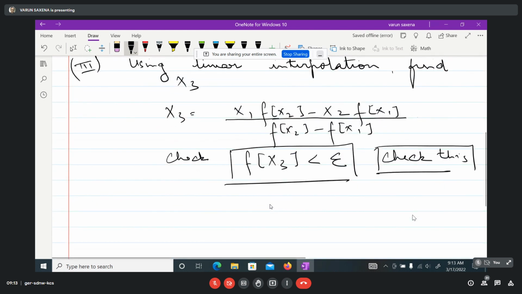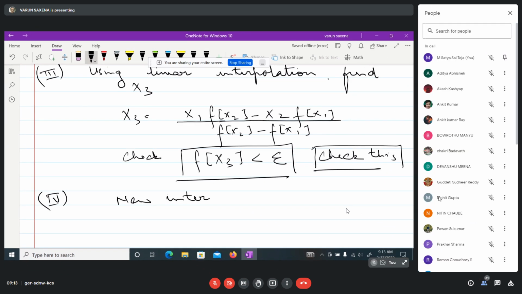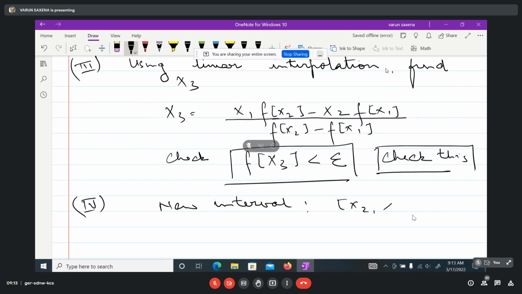And now in the fourth step, you discard x1 altogether. The new interval becomes x2 and x3, and then you proceed. You forget about x1.